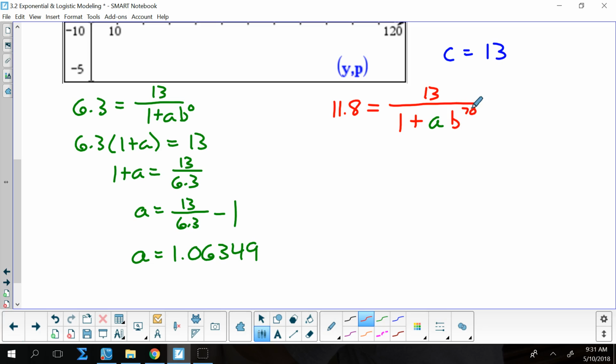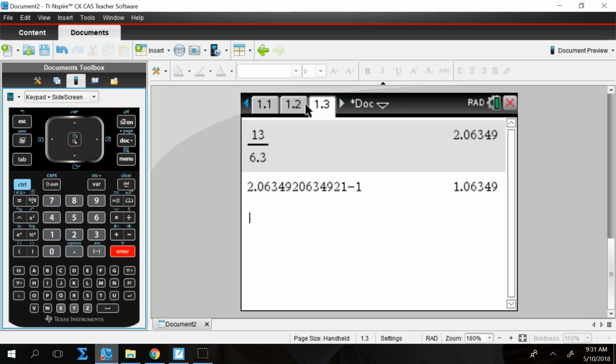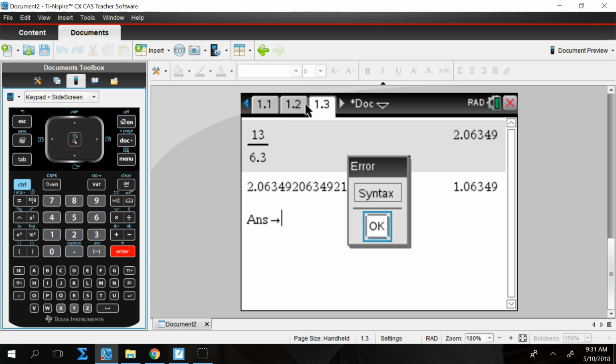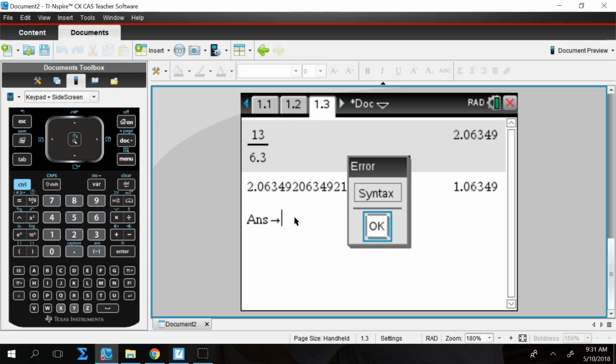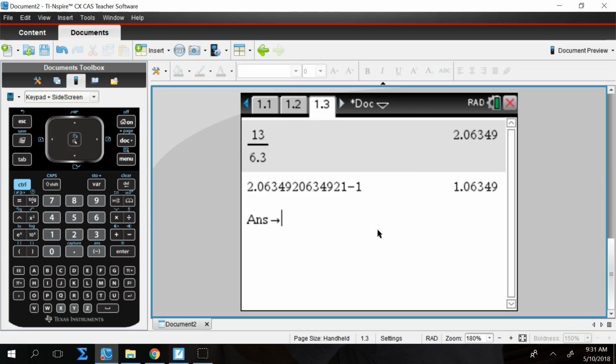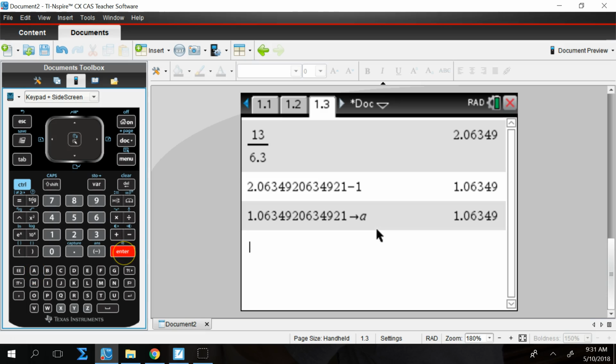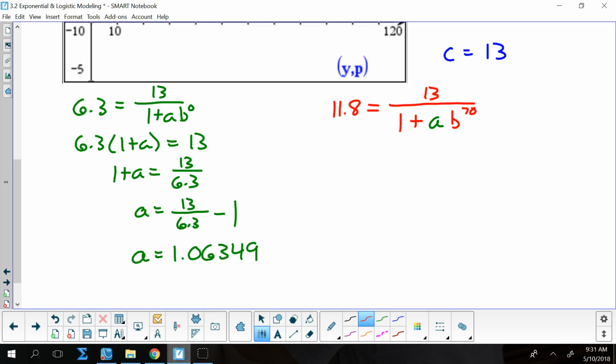Let's make sure that we have A in our calculator. Store as A. Oops, syntax error. The A never showed up. There's A. Okay, so A is stored in there. Then again, cross multiply.